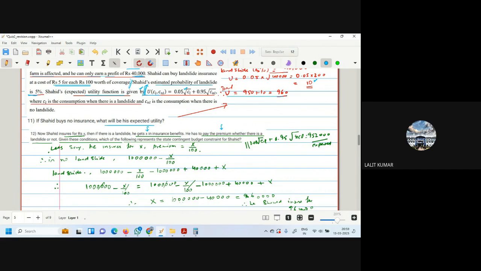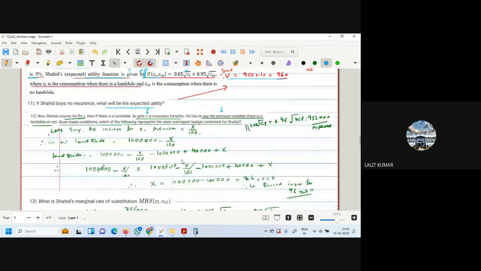So, for example, we say, I have made some mistake here, I think. If he insures for rupees X, his premium will be X by 100. So he's paying cost of rupees 5 for each rupees 100. I think, Abhinit, I have made a mistake here. X by 20.